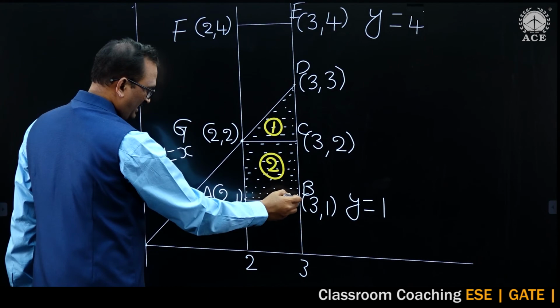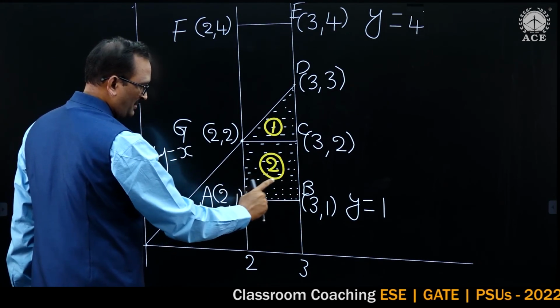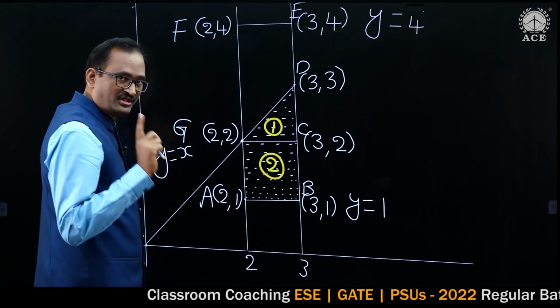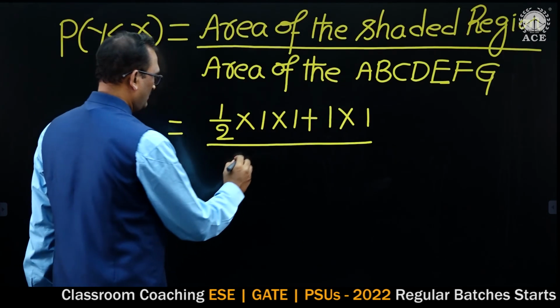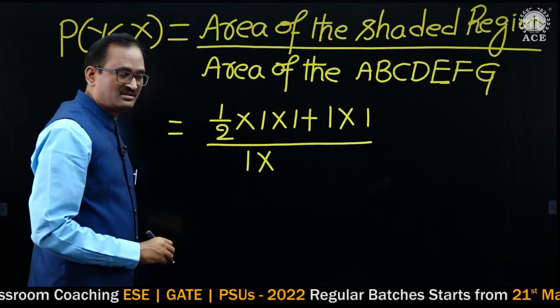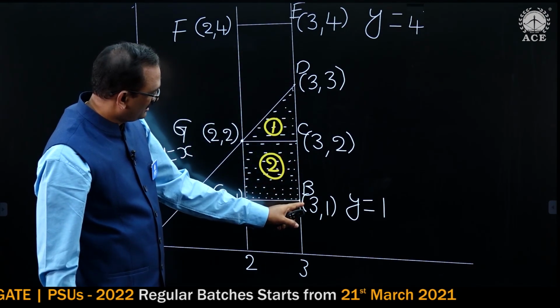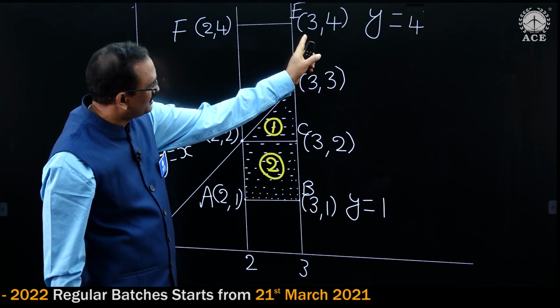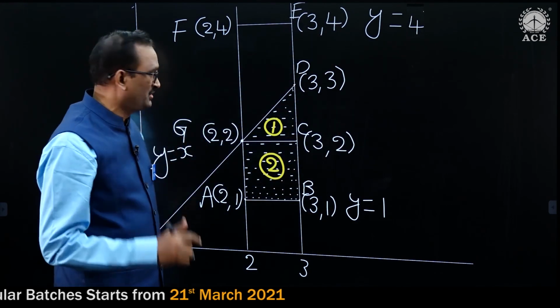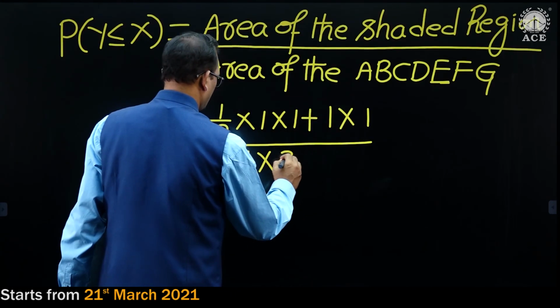This side AB is the distance from 2, 1 to 3, 1. That is also 1 unit only. Next, another side BE is the distance from 3, 1 to 3, 4. That is 3 units.